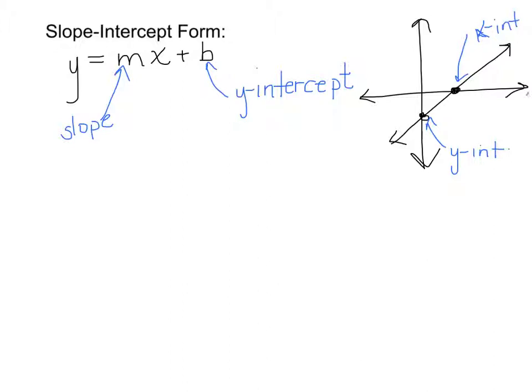This will be the x-axis, this is your y-axis. In the slope-intercept form, though, we don't see the x-intercept, but you can always find it. And the y-intercept is always (0, b), because you're making all the x's 0, and b is your y-intercept. That's the number where it actually crosses the y-axis.